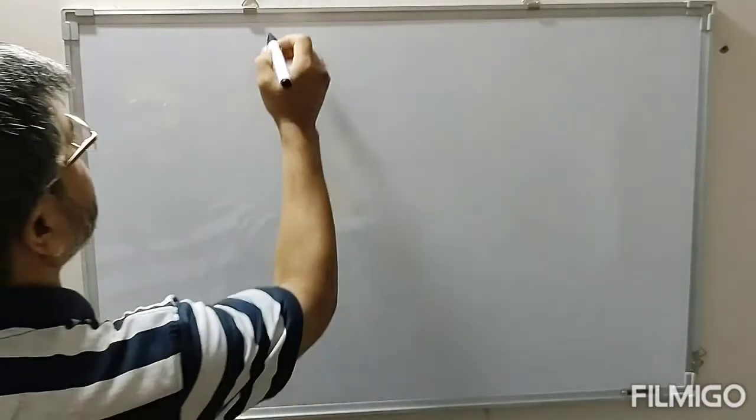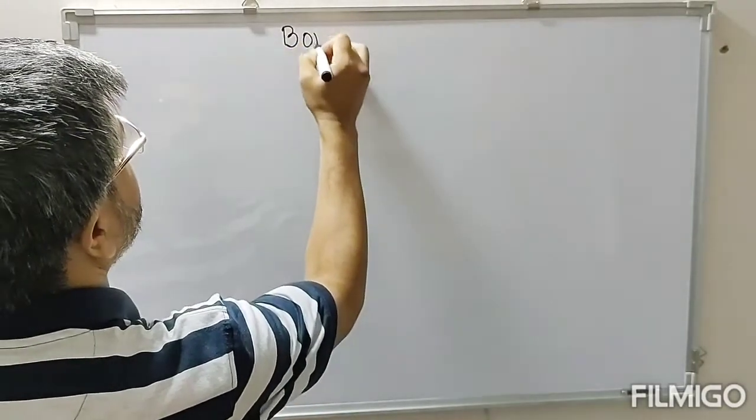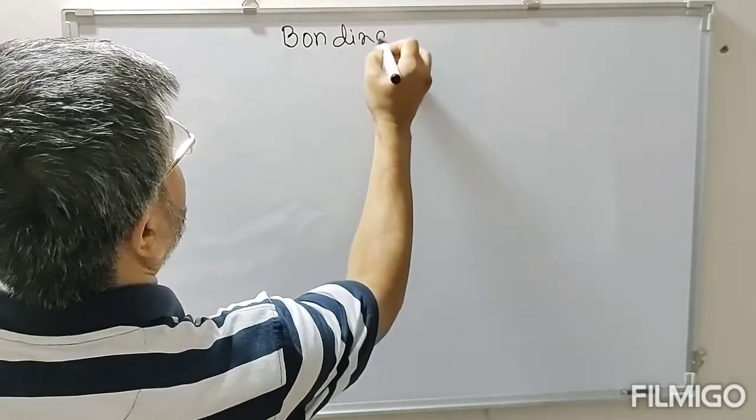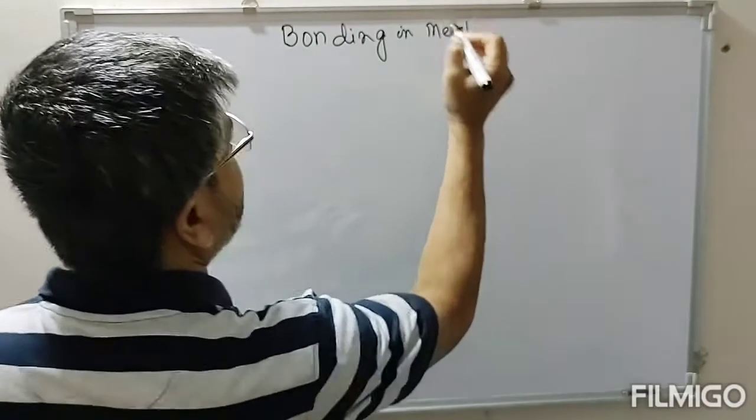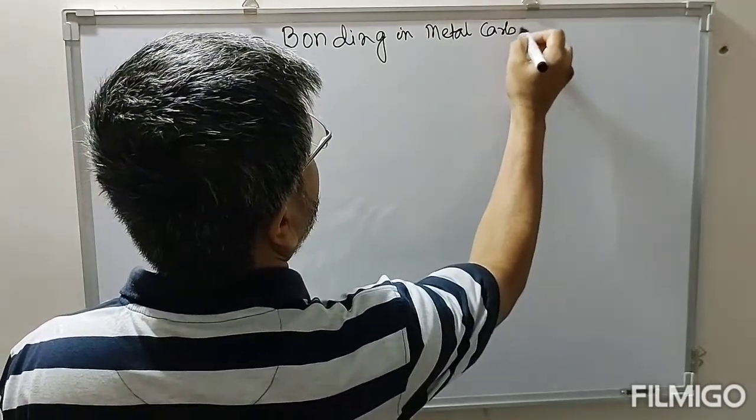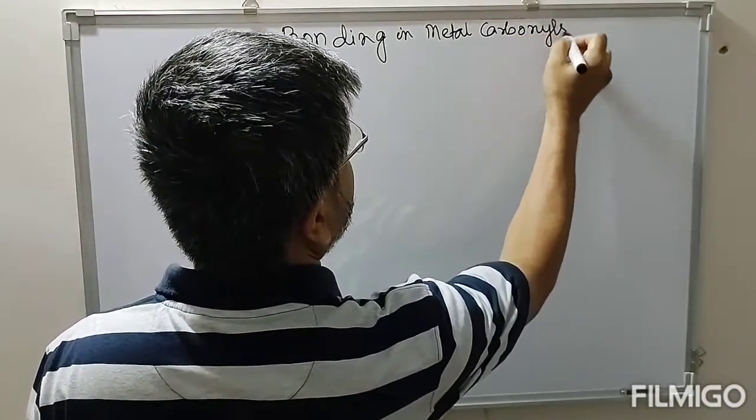So let's start with the nature of bonding in metal carbonyls.